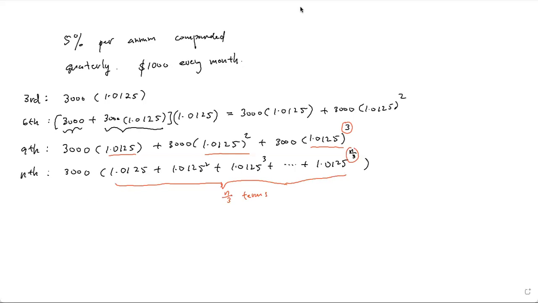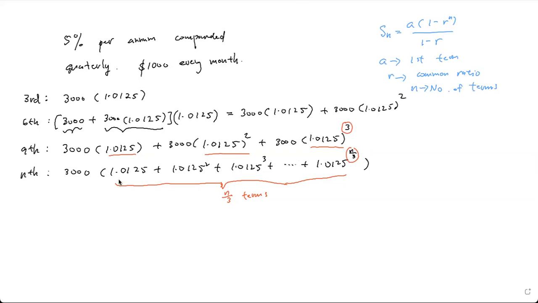For the sum of a GP, let me just write down the formula. Sn is actually a times 1 minus r to the n divided by 1 minus r. A is the first term of the GP, r is the common ratio, and n is the number of terms. In this case, what is the first term?